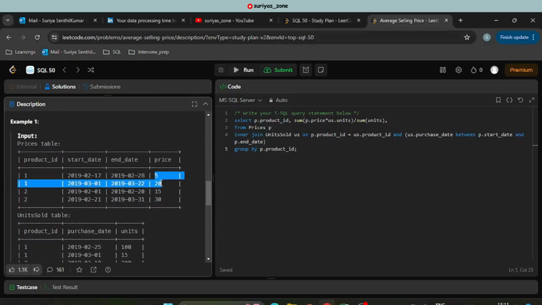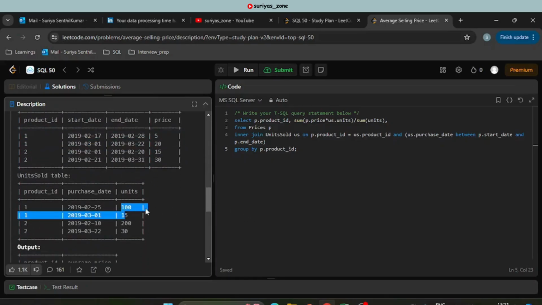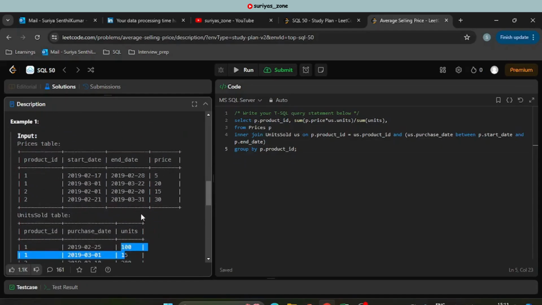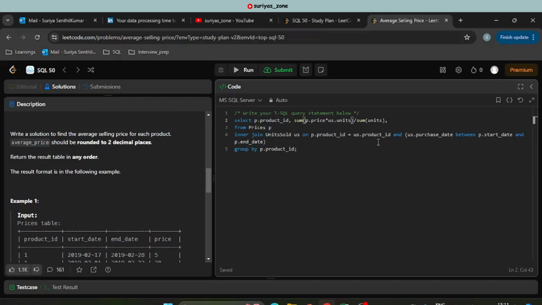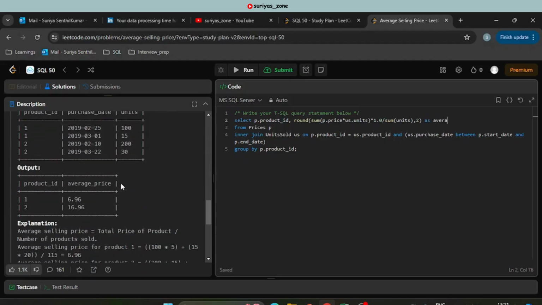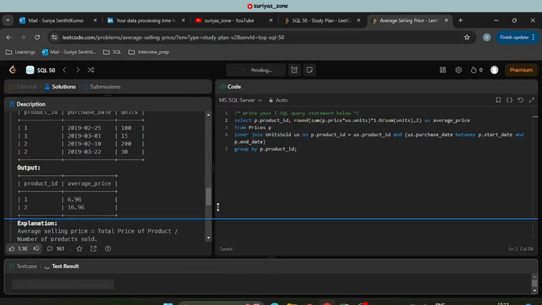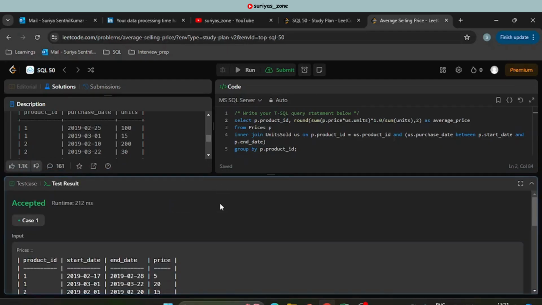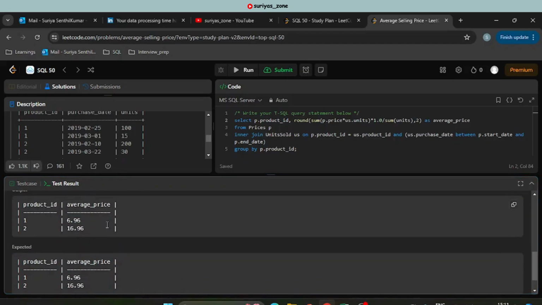If we see the values here, these seem to be integers. So to convert from integer to decimal places, we need to multiply the numerator by 1.0, and then let me round it to 2 decimal places, round 2, and the column name is average_price. Let me run this now. Yeah, it has accepted our test cases.